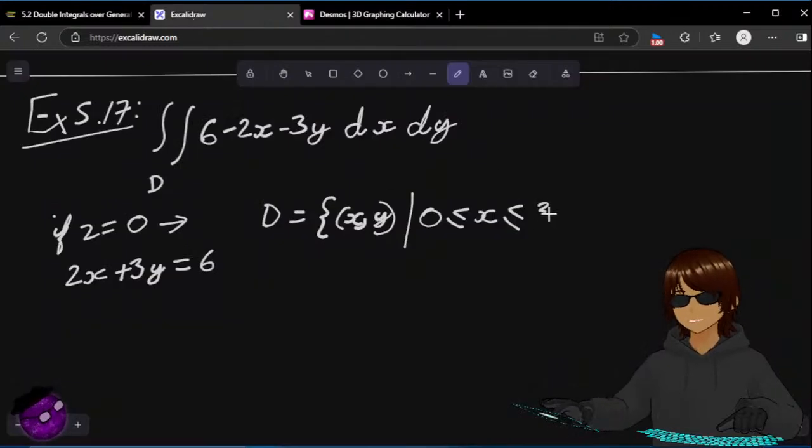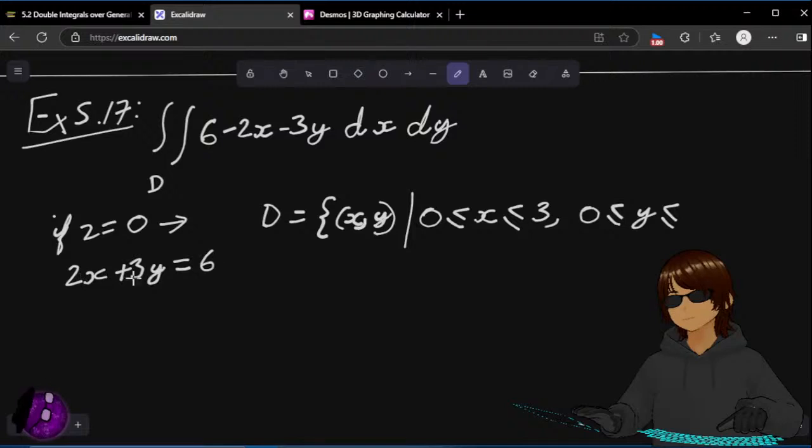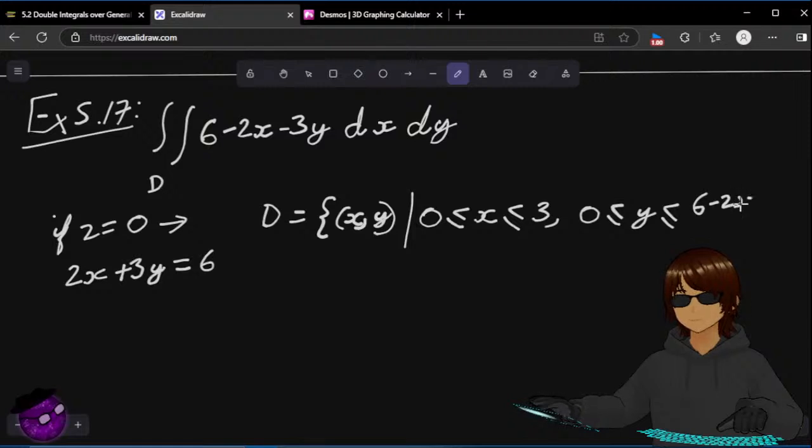So 0 and 3, and as a function of y, y is above 0 and below 6 minus 2x over 3.